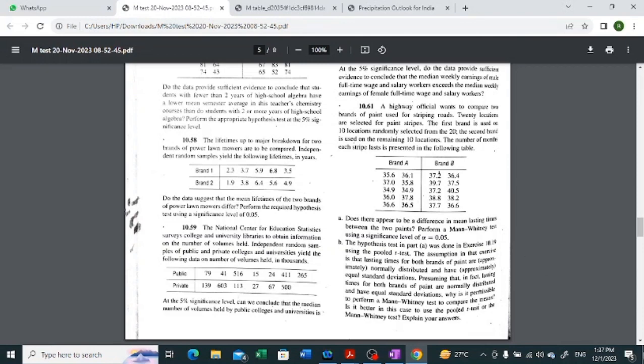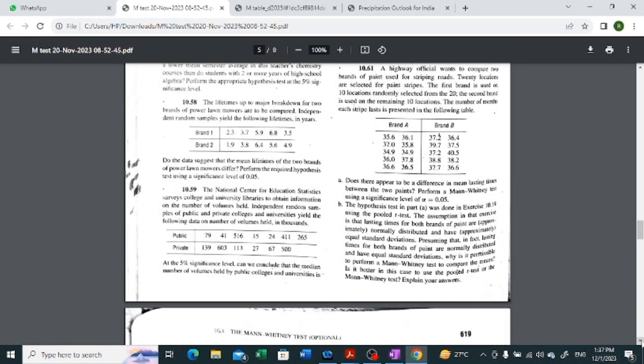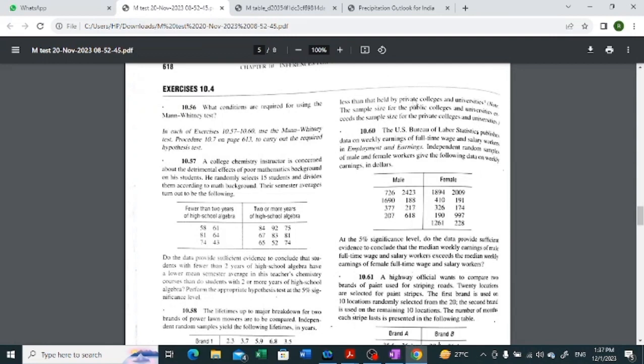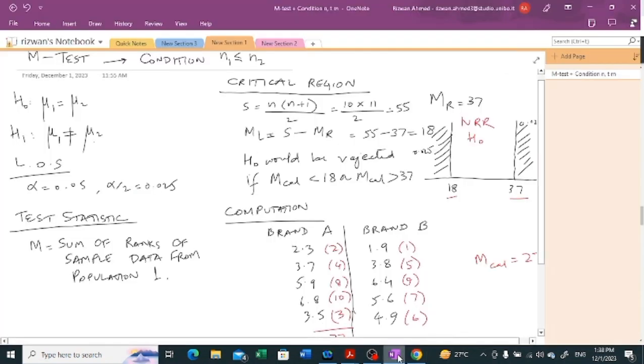And the hypothesis we are asked to test is: can we conclude that the median number of volumes held by public colleges and universities is less than that held by private colleges and universities? This is how we need to do it.